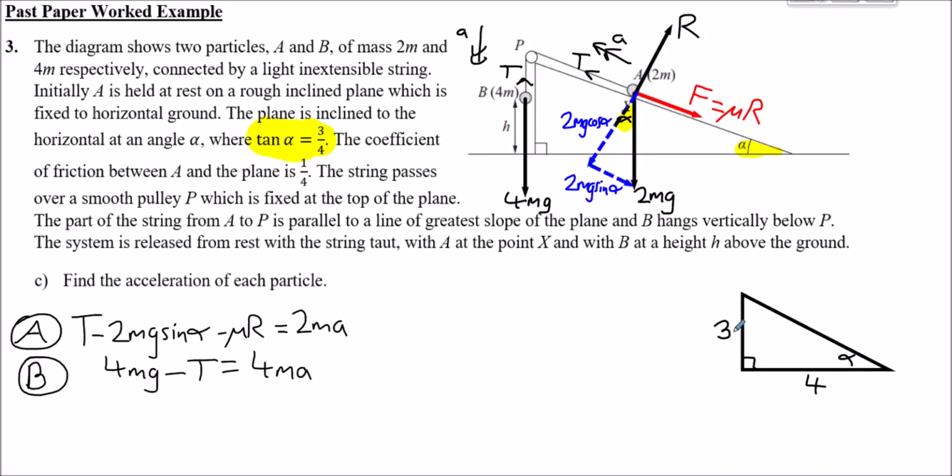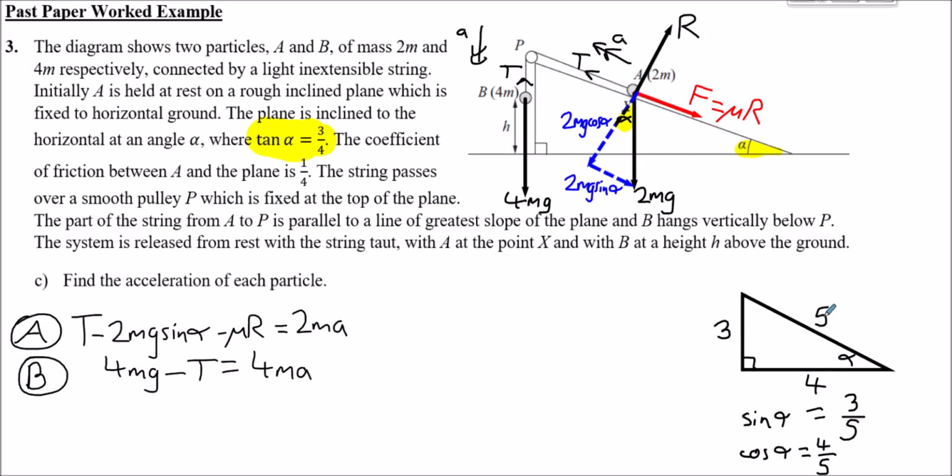We can now use Pythagoras to establish that this hypotenuse would be the square root of 3 squared plus 4 squared. In other words, we have a 3, 4, 5 triangle. So if tan alpha is 3/4, that's the same as also saying that sine alpha, opposite over hypotenuse, must be 3/5, and cos alpha is adjacent over hypotenuse, which is 4/5.